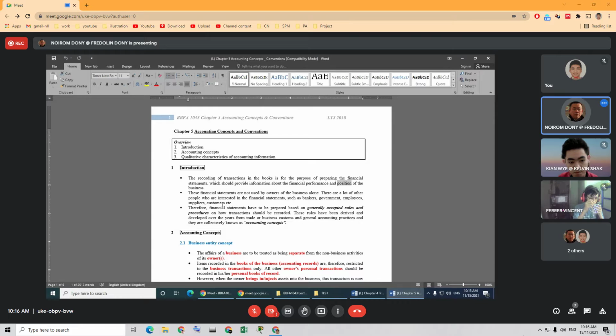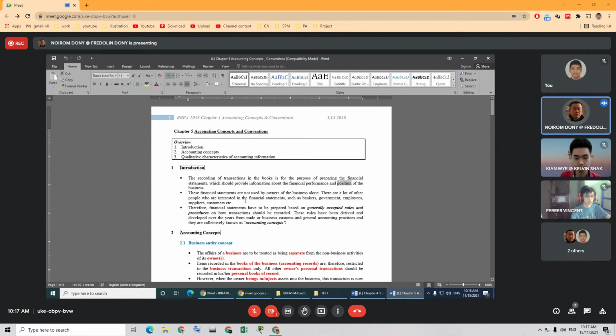That is why when we prepare the financial statement, it has to be prepared based on generally accepted rules, accepted procedures on how transactions should be recorded. These rules have been derived and developed over the years from trade or business custom and general accounting practices, and they are collectively known as accounting concepts.